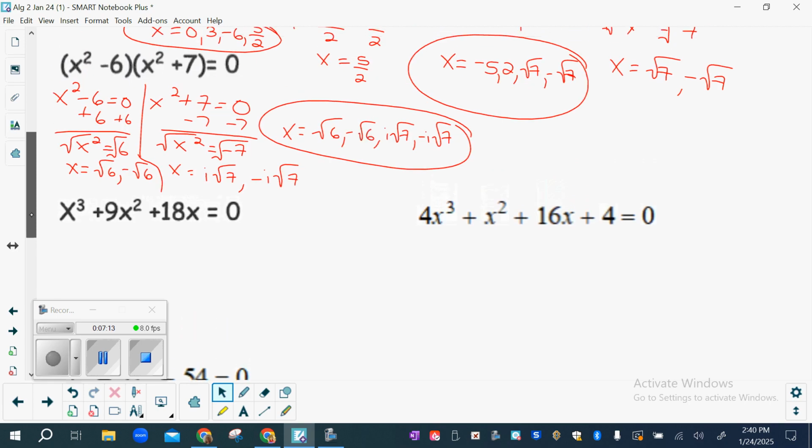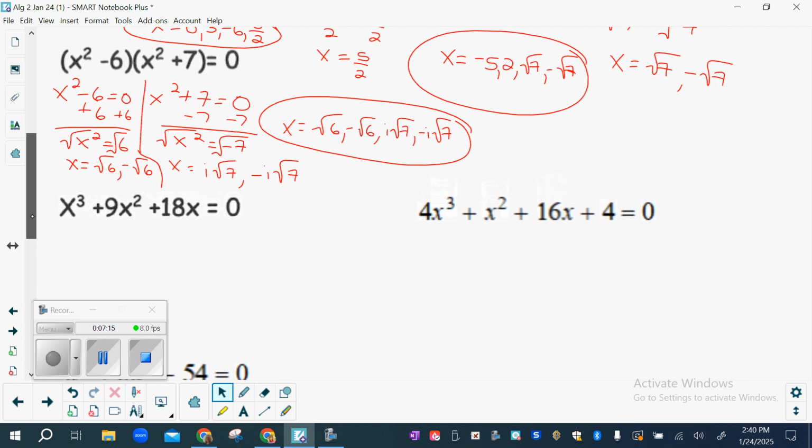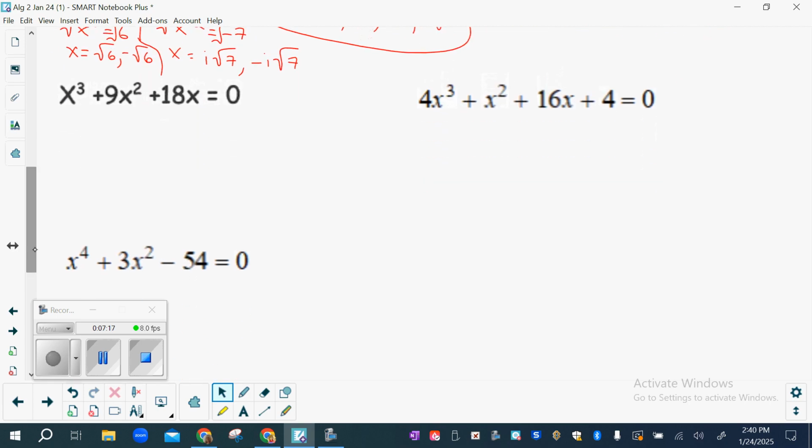Okay, next one. This is what your homework is going to look like. So all this stuff is just leaking out through the solving. So what would we do on this? Factor out an x. How did you know that? Yeah, there's an x in every single one of them, so we can factor out an x.